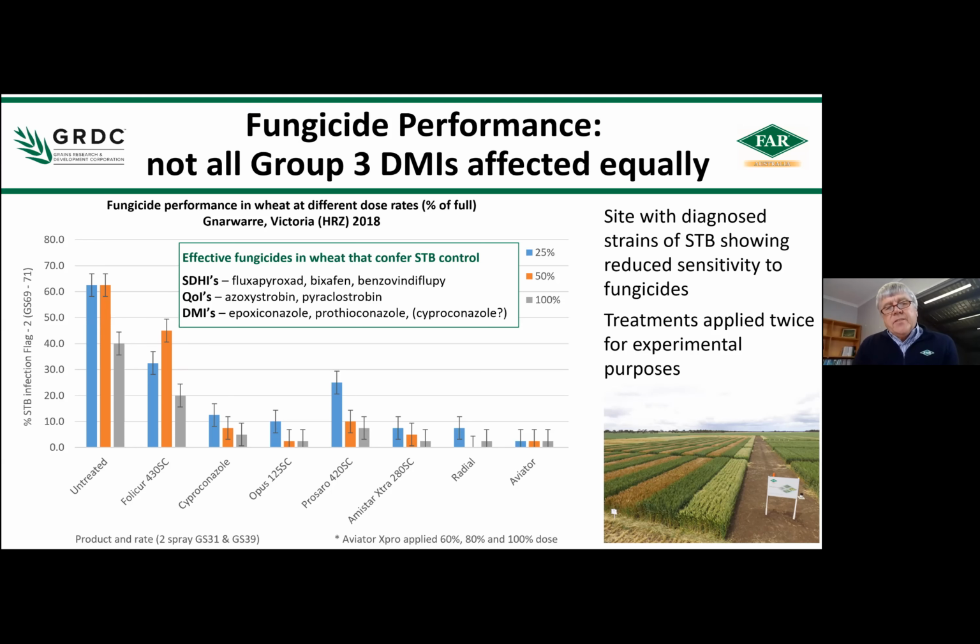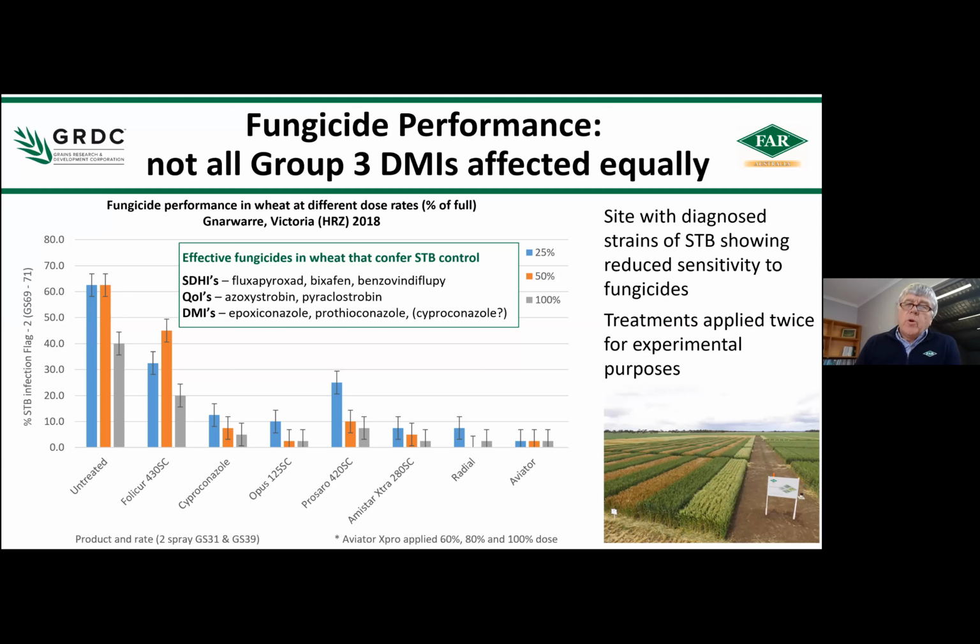What you can, though, see there is that we're still getting good control at the full label rates of products such as Prosaro, epoxyconazole in the shape here of Opus 125, and cyproconazole, which we can't access, but is present in products such as Amistar Xtra, which is a mixture of cyproconazole and azoxystrobin.